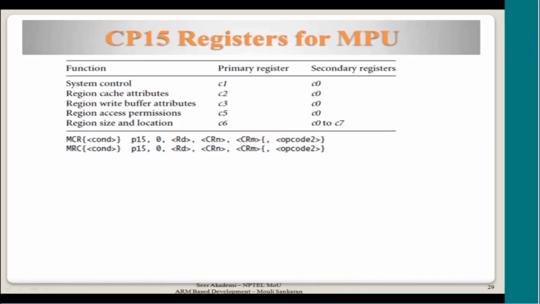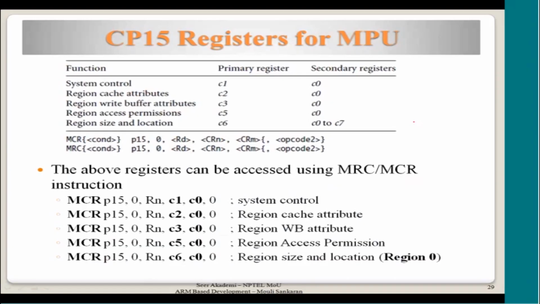So how do you program the MPU? If we want to set the region size and location of a region, we have to write into that. I will explain each of the registers and how they are written into. Here I am giving an example. See, when you are writing this instruction, who is executing this instruction?